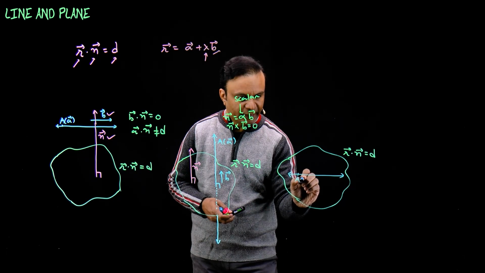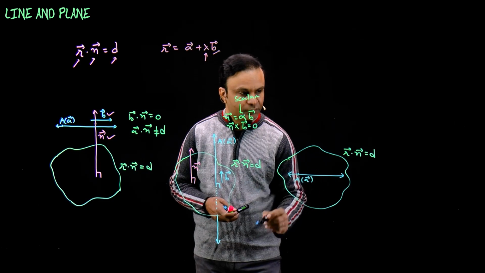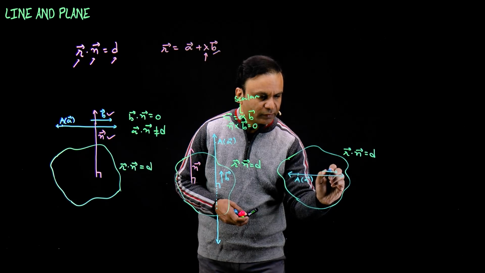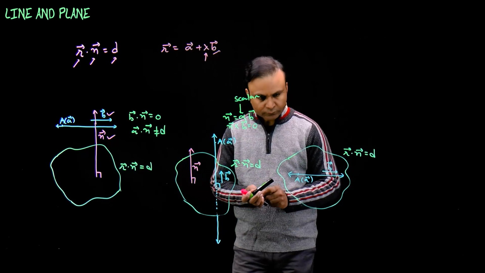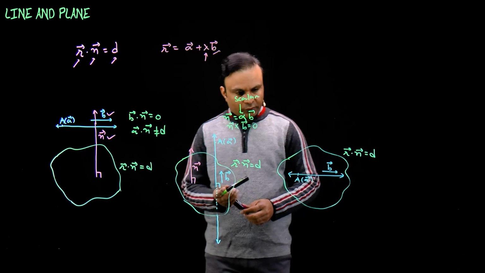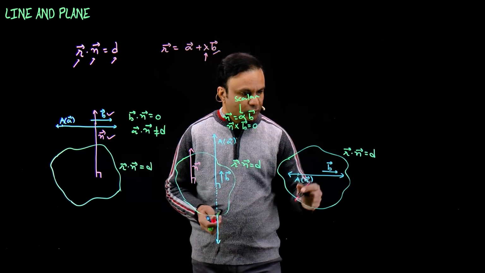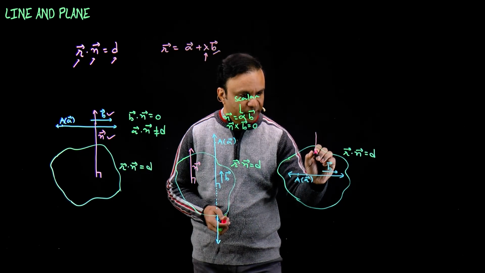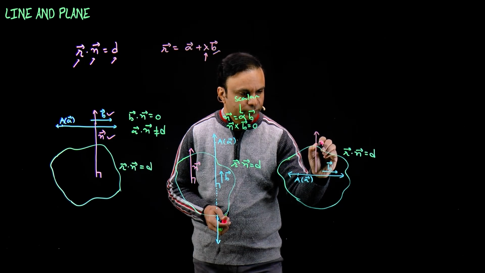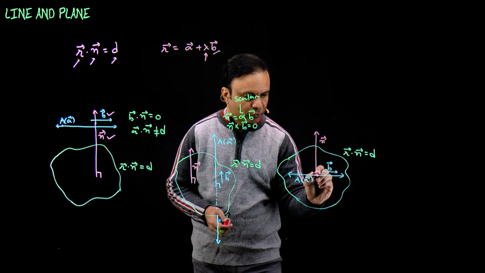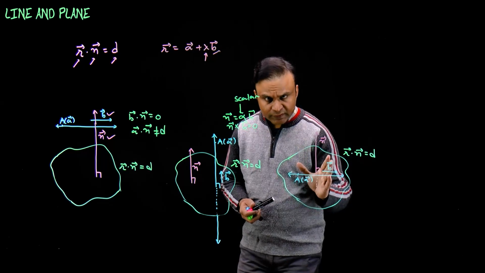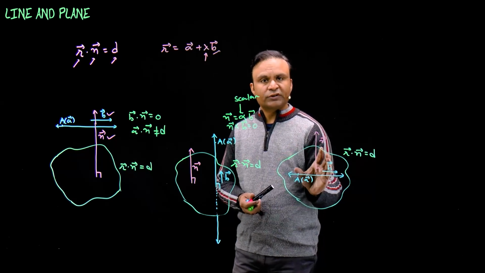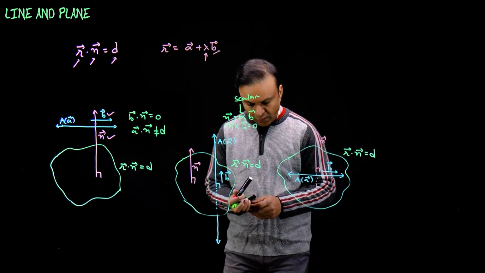This is point A through which line is passing, and this is vector b to which line is parallel. Draw the vector which is normal to the plane. So this is vector n normal to the plane.